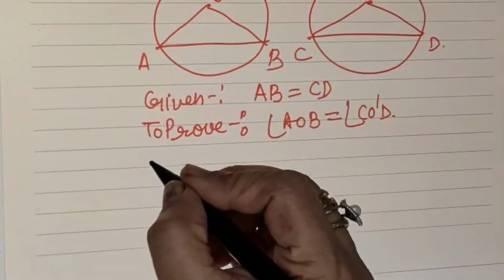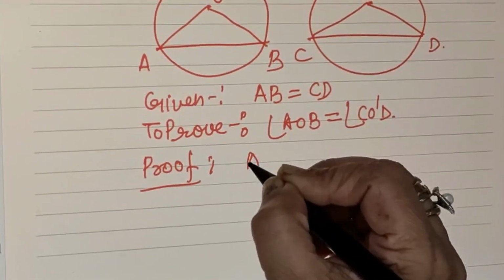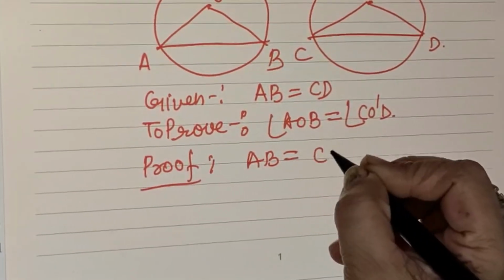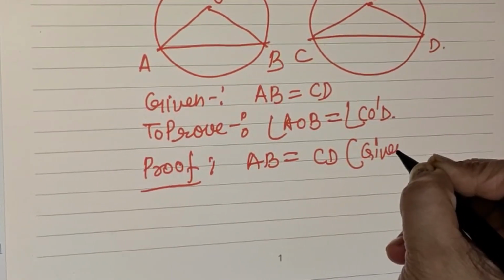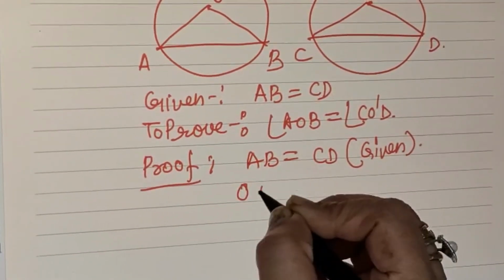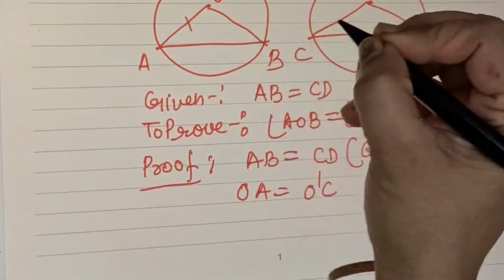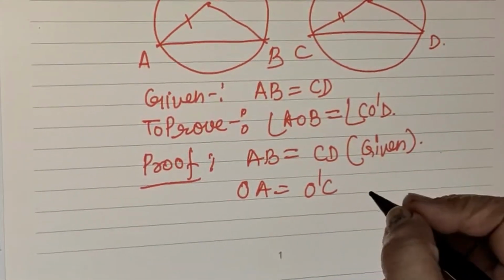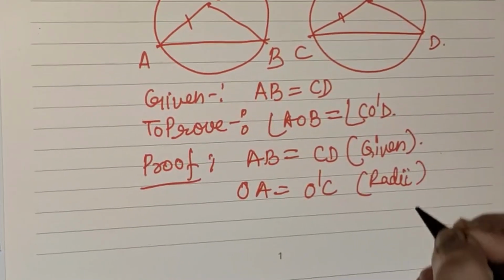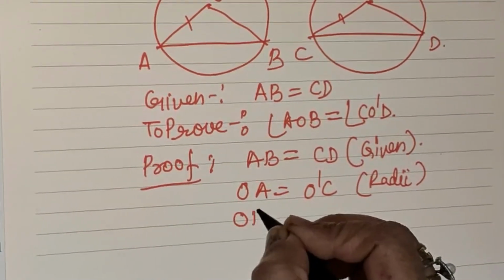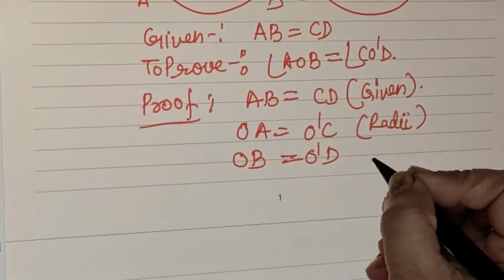Going to start with the proof. AB and CD are equal, writing given in the question only. OA is equal to OC, meaning the radii of both circles are equal. So now radius, same thing here. OB is equal to OD.